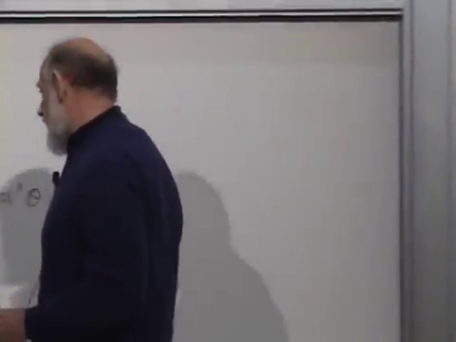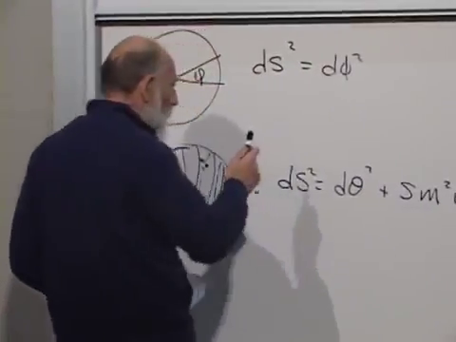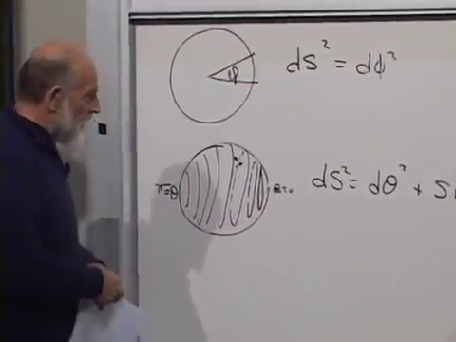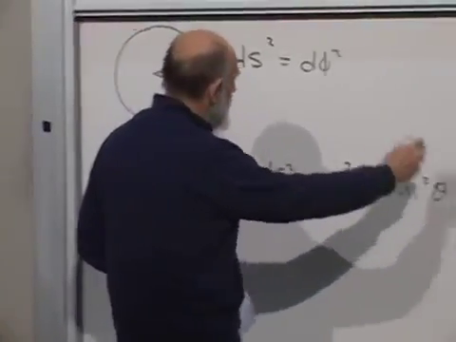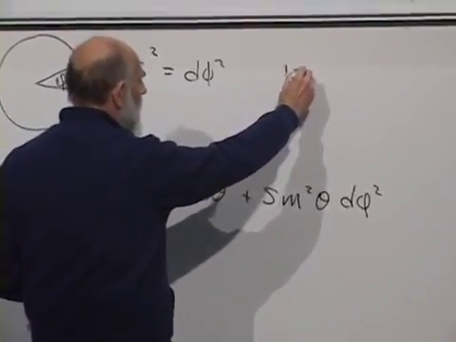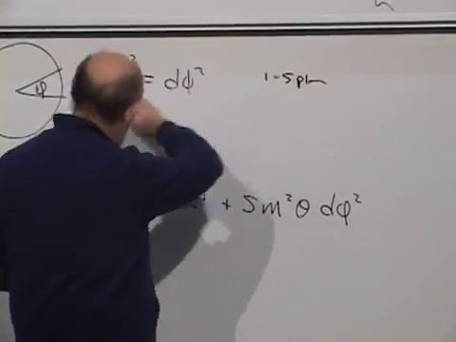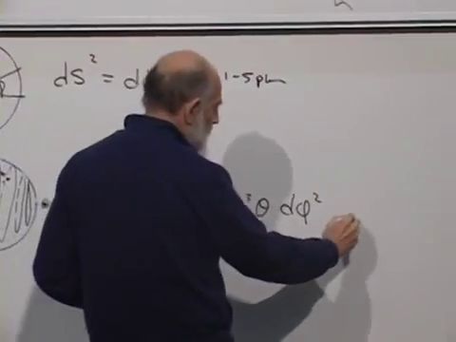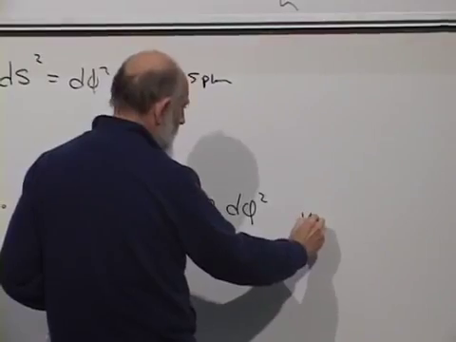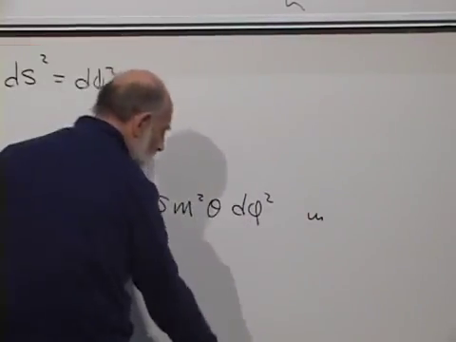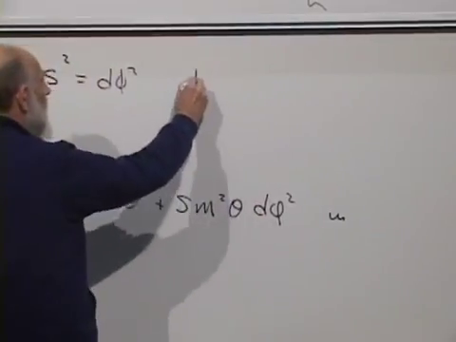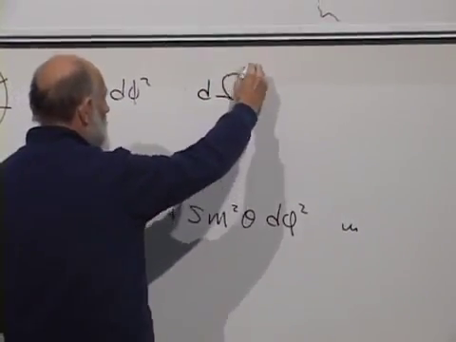And to make a three-sphere, you just introduce one more angle. Let's call it alpha. This is the three-sphere, this is the two-sphere, this is the one sphere, and it's the unit one sphere, in fact. Let's just call it d omega 1 squared.